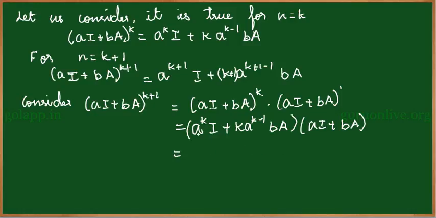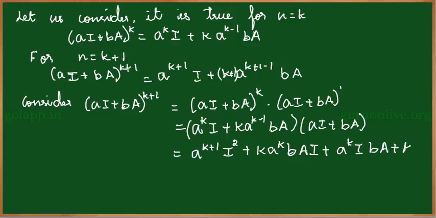Now multiply these two brackets. We get a^k I into aI, which is a^(k+1) into I squared, plus k a^k bA into I, plus a^k I bA, plus k a^(k-1) into b squared into A squared.